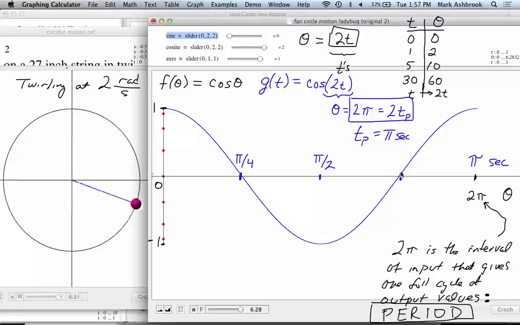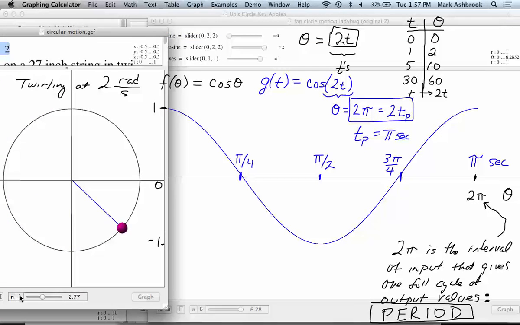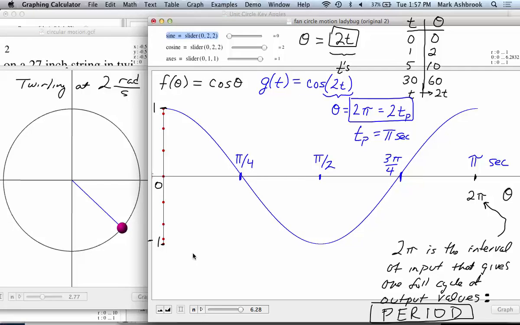And 3/4 would be 3 pi over 4. So now this blue scale is for the g function, if we were measuring in terms of seconds, or using the g function.